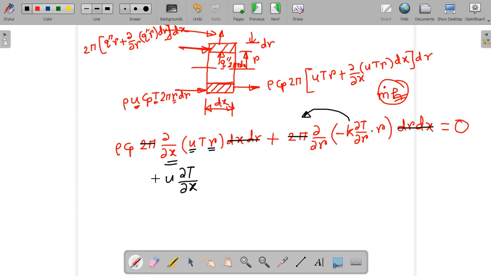Rho cp you take on the other side and write k by rho cp, and this negative sign, when it goes to the other side, will not be there. What remains is del r of r del T del r.